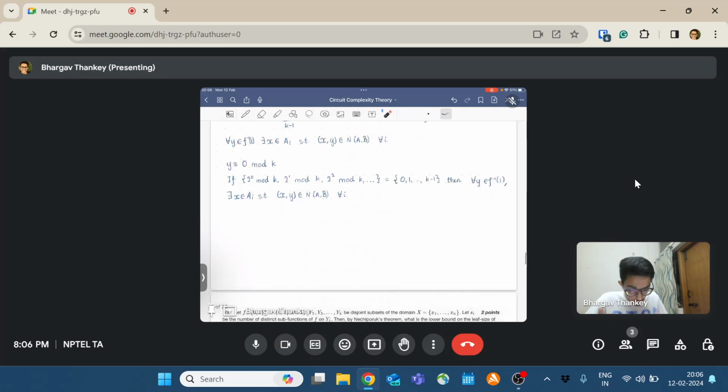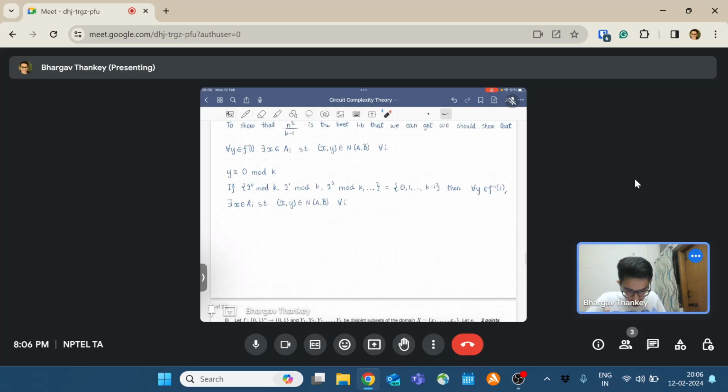So basically, two should be a generator of zero to k minus 1, which means, let me write it in and explain.